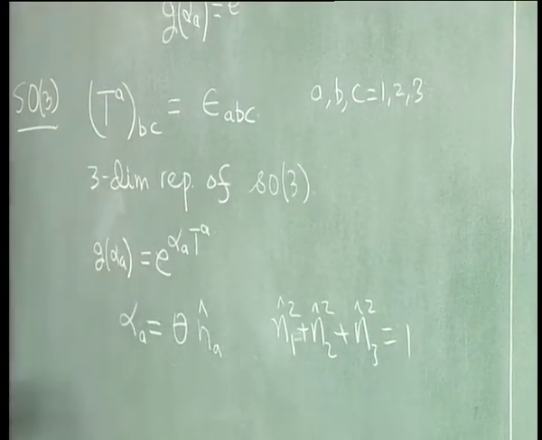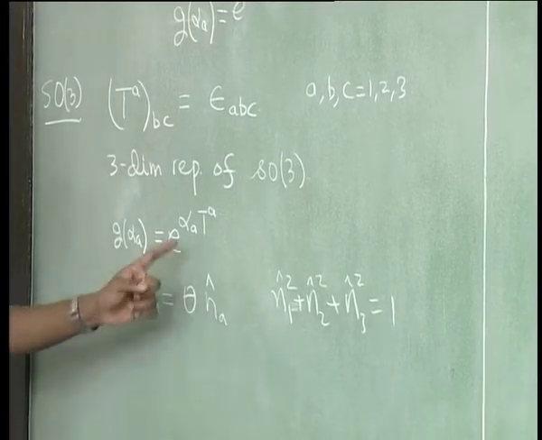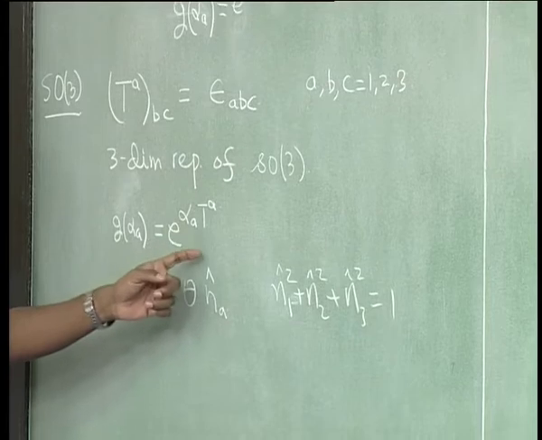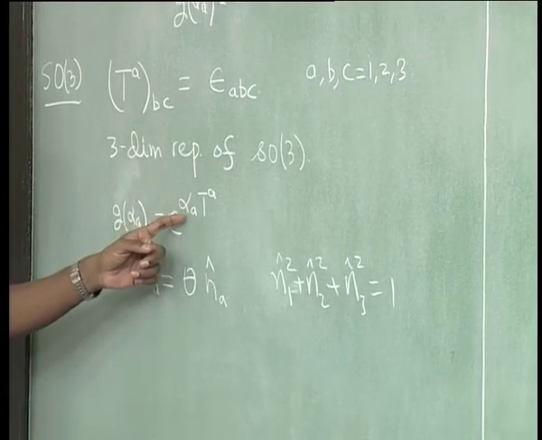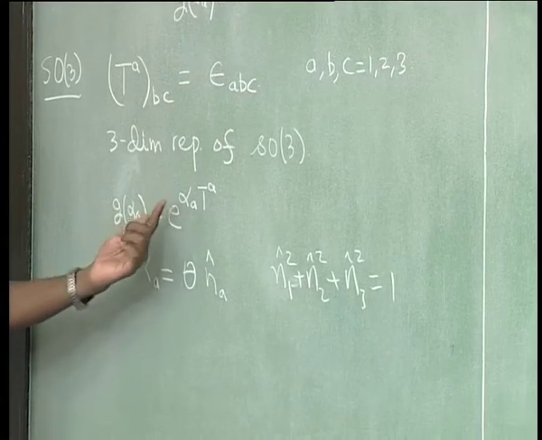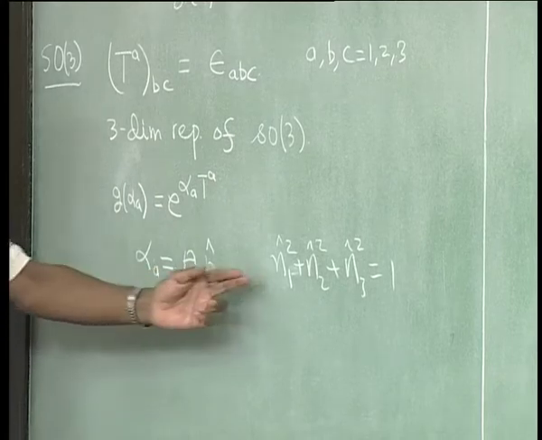Okay, so then you can rewrite this. It is still 3 parameters, because if I just wrote alpha_A, it is alpha_1, alpha_2, alpha_3. All I am doing here is calling theta the magnitude of alpha_A, with the magnitude defined as the square root of alpha_1 squared plus alpha_2 squared plus alpha_3 squared.